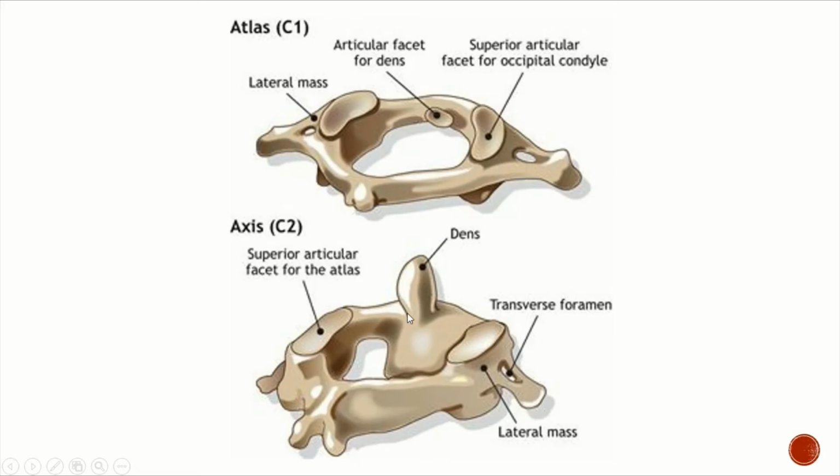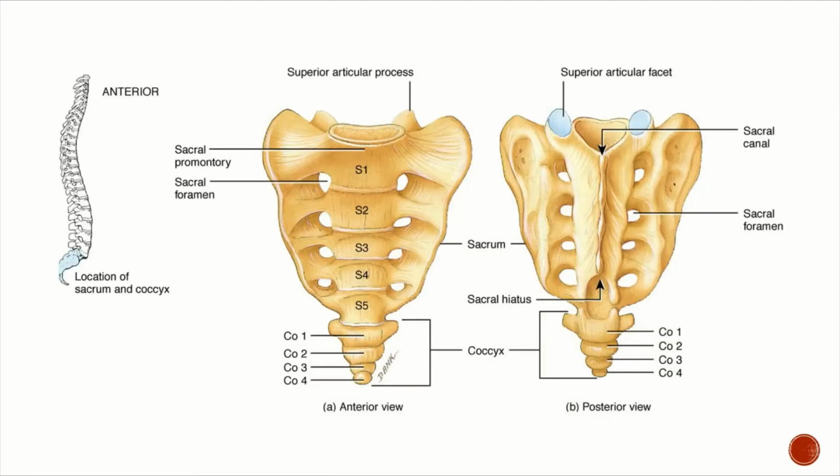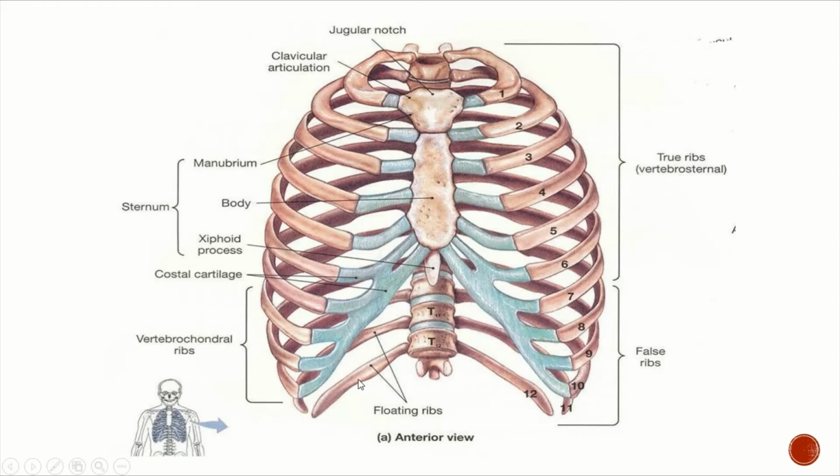They are different in structure because this is where the skull lays, and that's our joint over there. Here we have the sacrum and coccyx. The sacrum is also made of several vertebrae, but they're fused, and so is the coccyx.